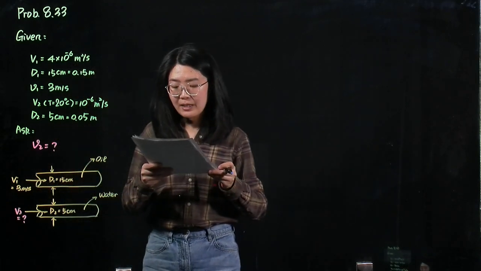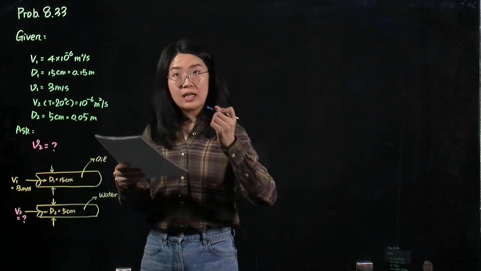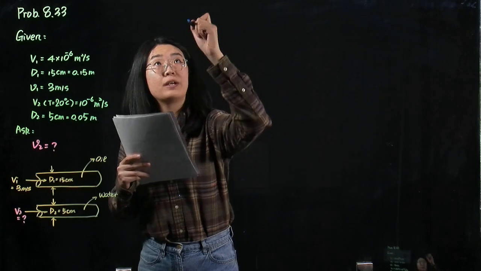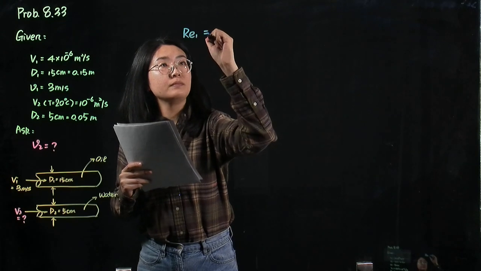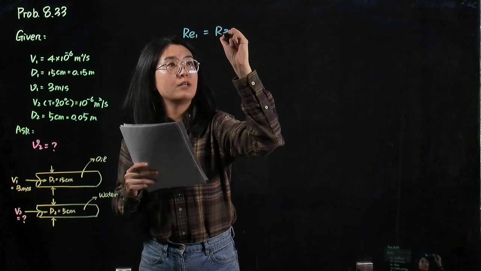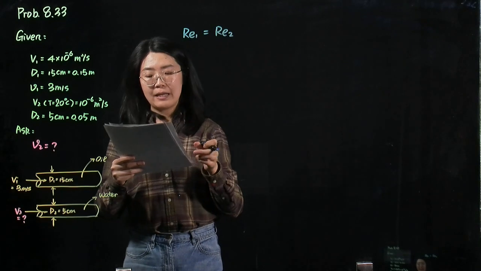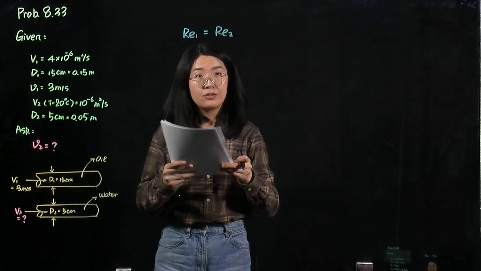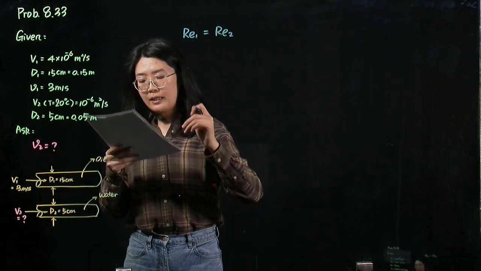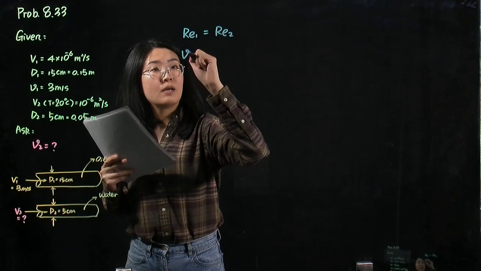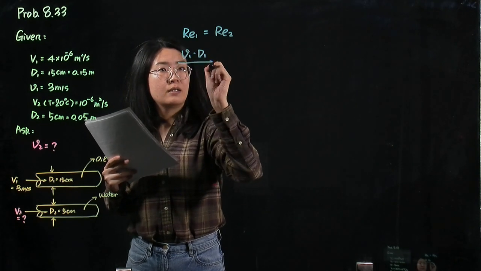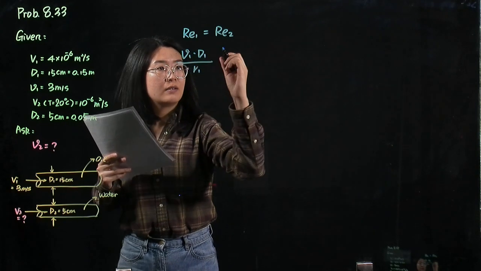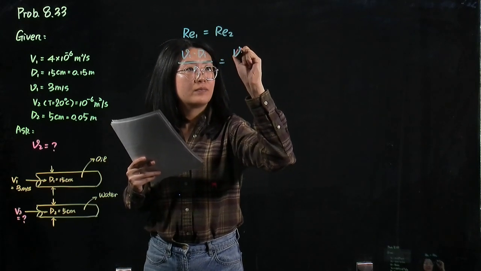So dynamic similarity is achieved when the Reynolds number in the first pipe equals the Reynolds number in the second pipe, right? The Reynolds number equals the velocity times the diameter divided by the kinematic viscosity.